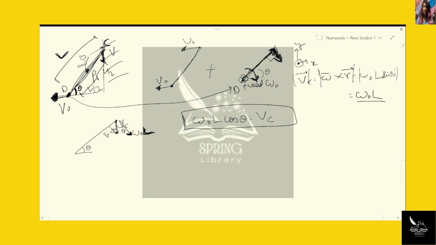Okay. Now we also know, because of this translational part, that if this is theta, then this is theta and VC is here. So this is 90 degrees minus theta. So we also know from this picture that VC cosine of 90 degrees minus theta equals V naught cosine theta.